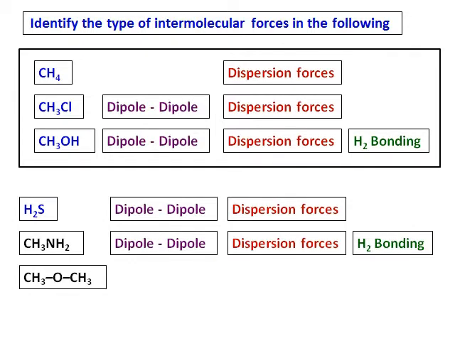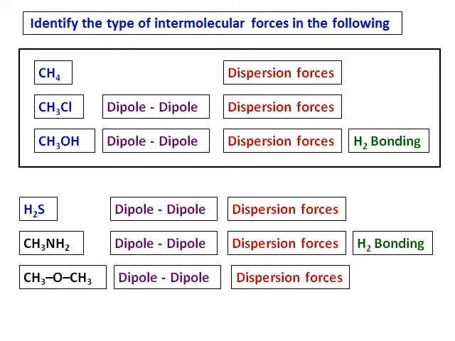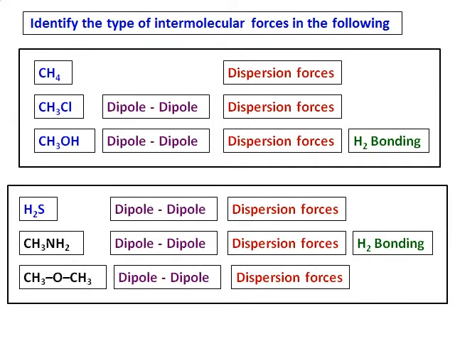The last one, though it has hydrogen and oxygen, you can see that hydrogen is not attached to oxygen, so it will have only the dipole-dipole and the dispersion force, and this compound cannot form hydrogen bonding. Therefore, it doesn't mean that if a compound has oxygen and hydrogen, it will always show hydrogen bonding. The hydrogen should be attached to the oxygen, then only it can show hydrogen bonding.